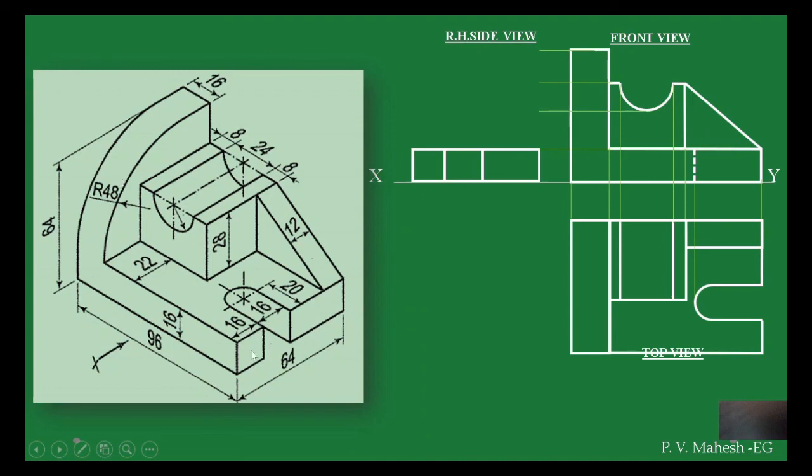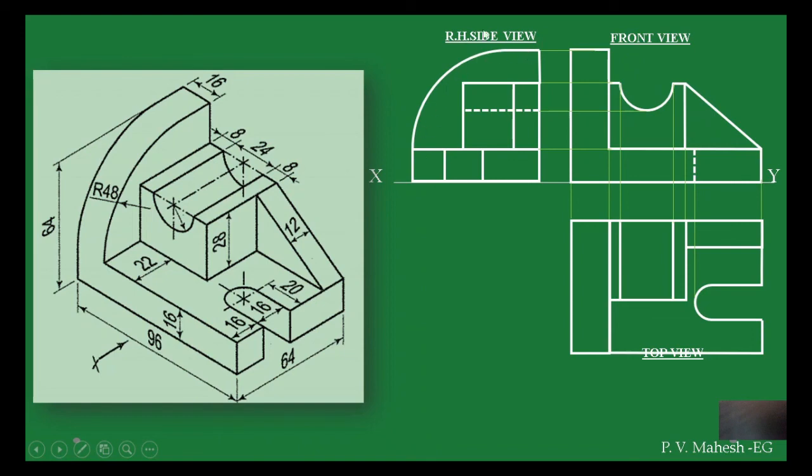This width is 64, but the radius is 48 only. So what is the difference? It is 16. Here this rectangle is there, and this edge will be visible. This rectangle is also done, this hidden line is also done.